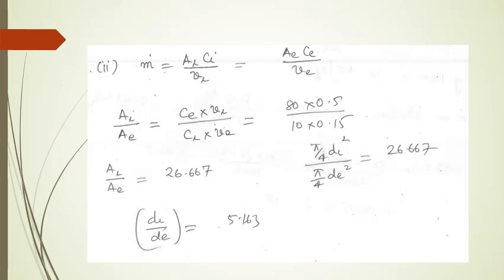So this gives me the expression for AI upon AE, and that comes out to be 26.667. Finally, as cross-sectional area is pi by 4 d square, we have substituted the corresponding cross-sectional areas by pi by 4 d square. So di upon de is equal to 5.163.